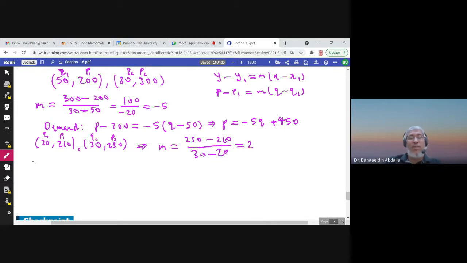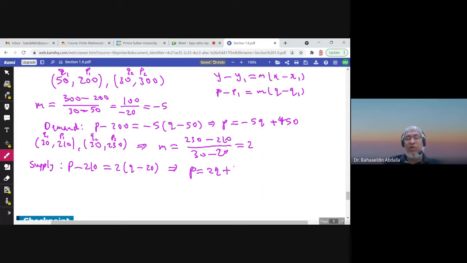So the supply equation or supply function would be P minus 210 equals the slope times Q minus 20. So when you solve for P, I will have 2Q minus 40 and plus 210 when you bring it to the other side.